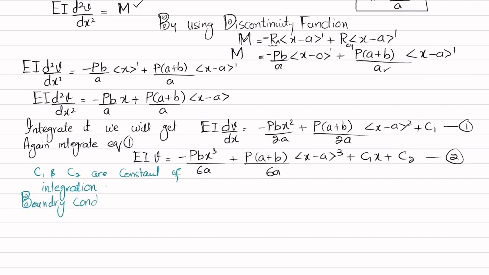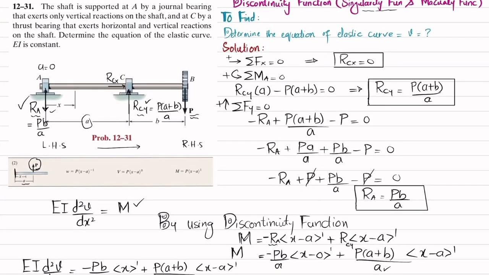Let me discuss this as well. The first boundary condition is that at x equal to 0, the deflection is equal to 0. Let me show over here: you can see that here x is equal to 0 and there is a journal bearing, so the deflection will be equal to 0.